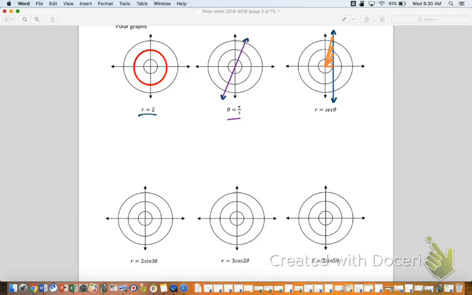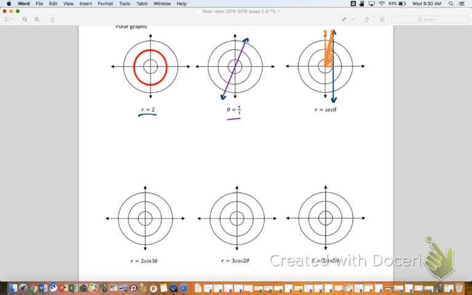Do you see how we're reaching kind of an interesting point as my theta goes from 0 and increases and increases and increases? Doesn't there have to be a limiting factor here? Where can't I go with secant of theta? Where can't I go as far as an input for secant of theta? Pi over 2, right? If I try to point straight up, there's no points up there, right?